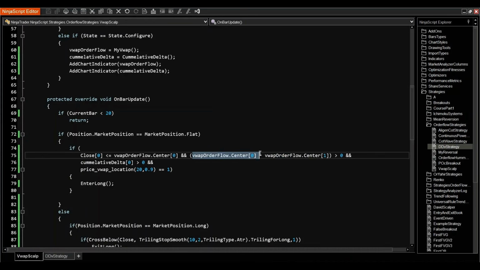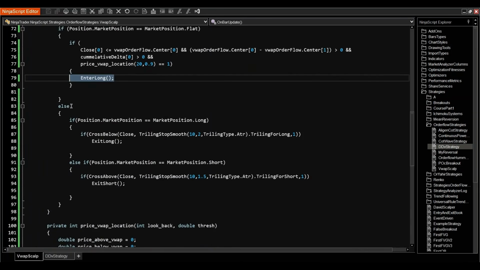It's simply the current value of the VWAP minus the previous value, so I subtract the two, and if the result is positive, the slope of the VWAP is positive. I also want to see that my cumulative delta is greater than 0, which means there are more buy market orders than sell market orders. And here I'm checking that 90% of the last 20 candles are above the VWAP. If all of this happens, I enter a long at market.